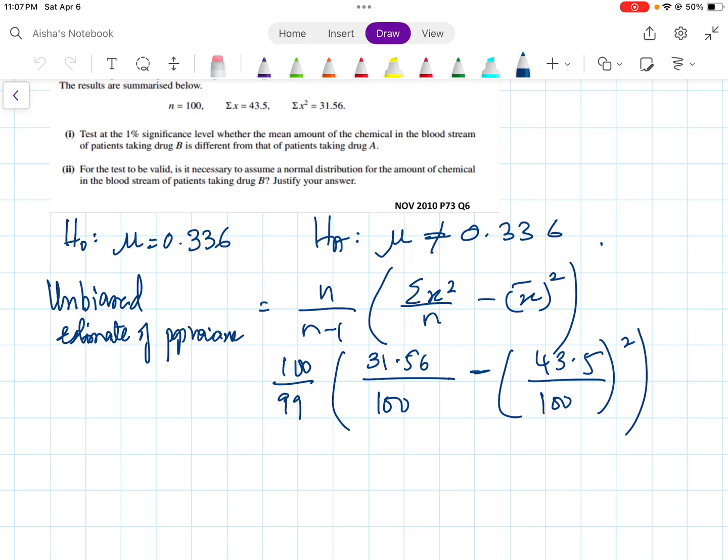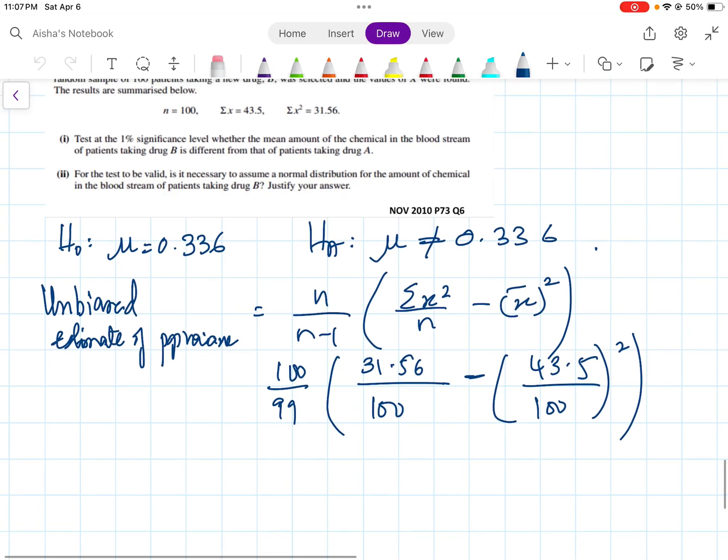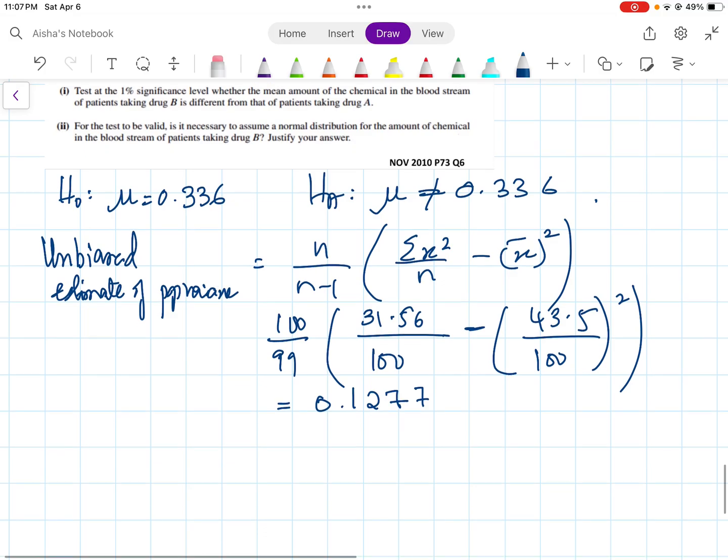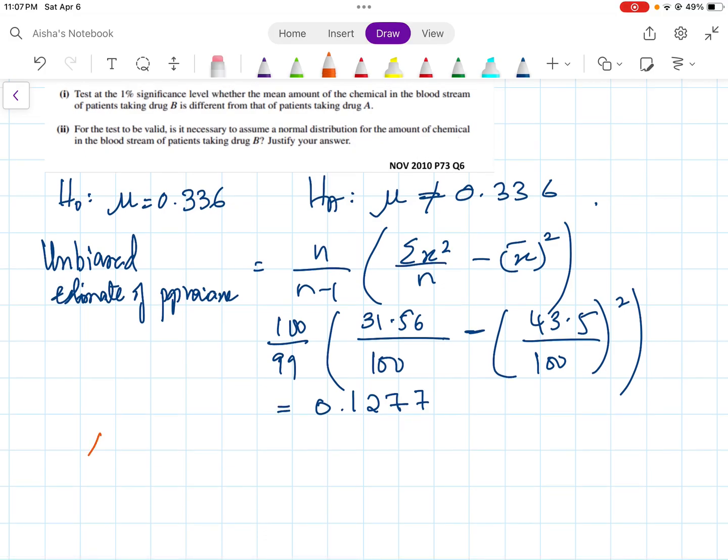So my unbiased estimate of variance is 0.1. Now, when we go for normal distribution, the mean value will be 0.336 because that's the population data, and the variance is the unbiased estimate of the population variance divided by sample size.